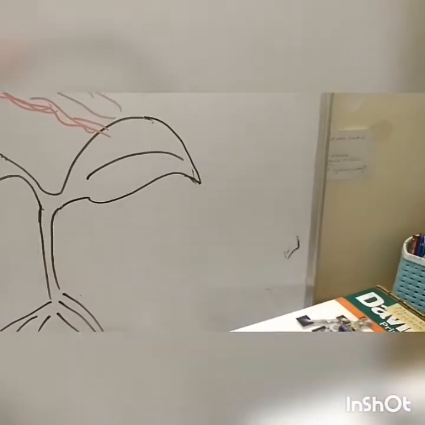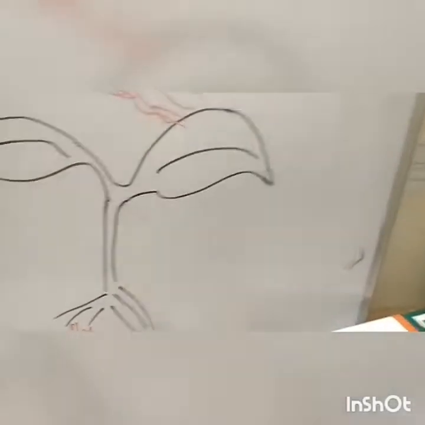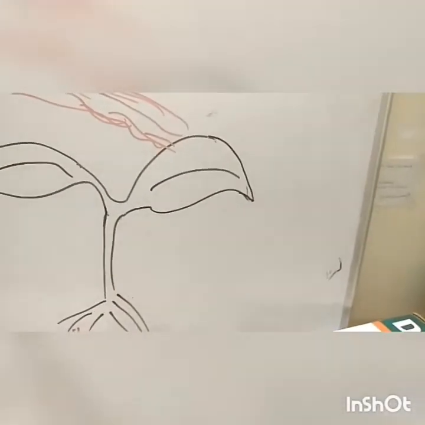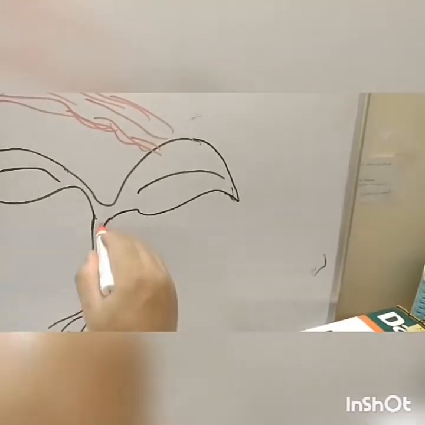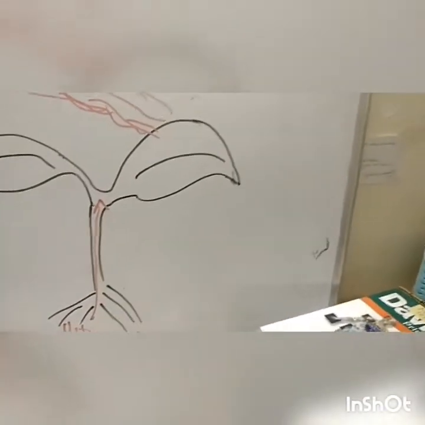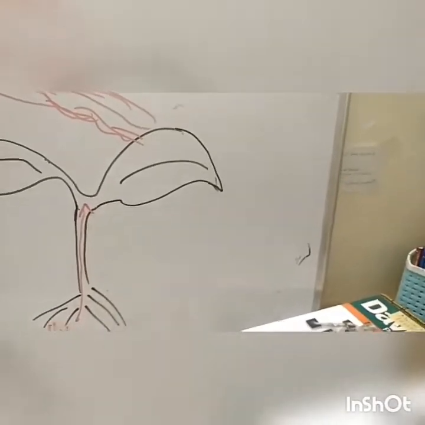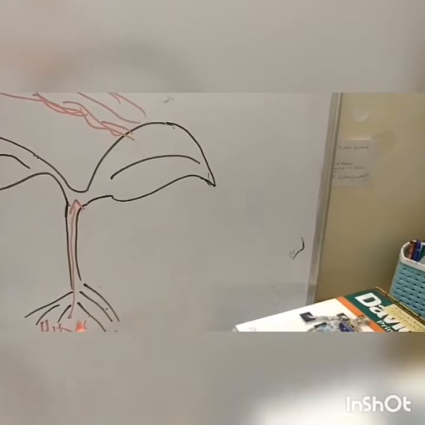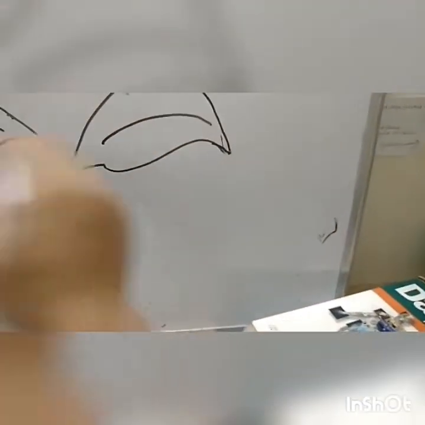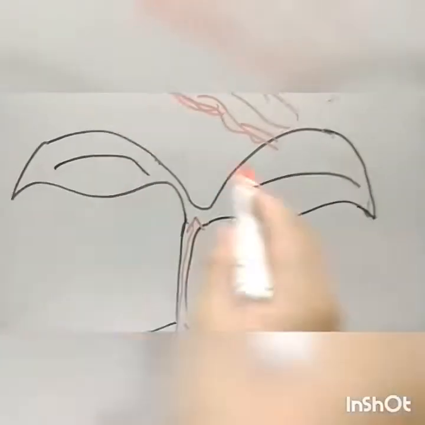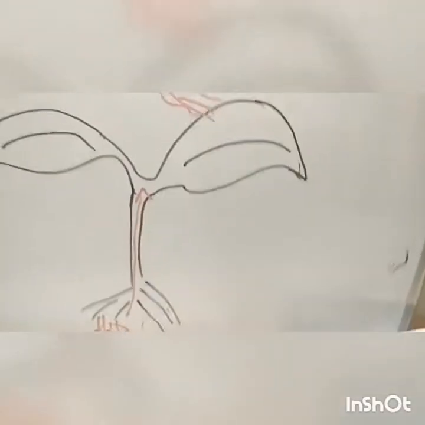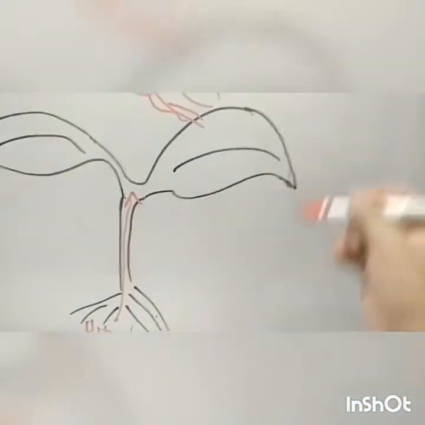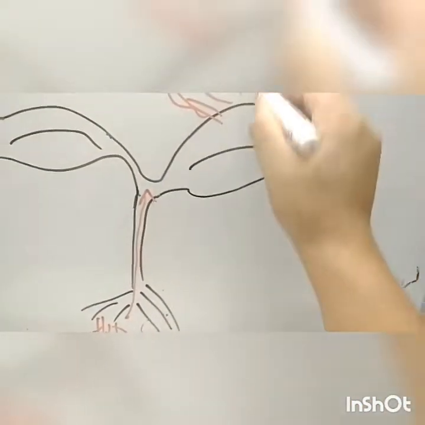So because of some theory, which we will study in class 11 and 12, there's a transpiration pull of water upwards, right? Because of this pulling of water upwards from the underground water by the plant roots, the water goes up here, and the water is spread into every part of the tree, right?